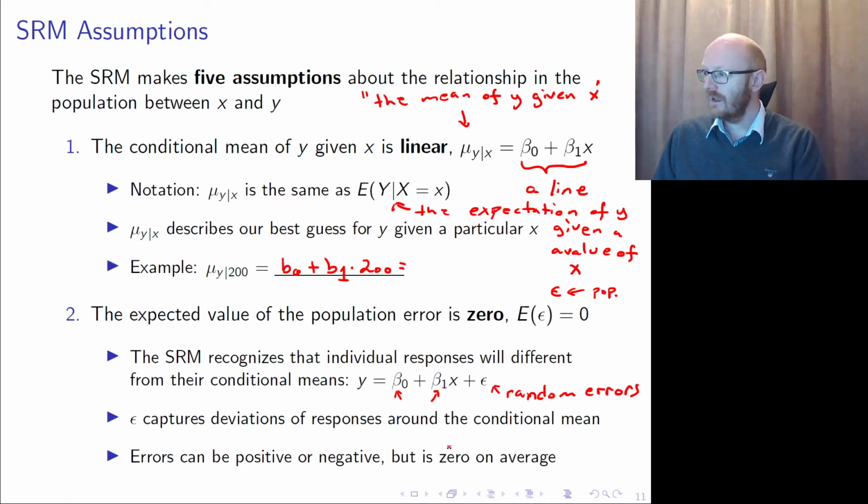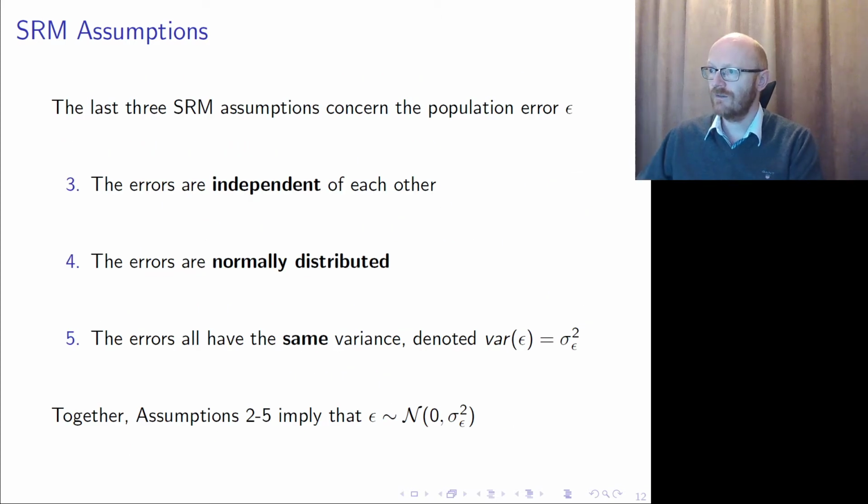The last three assumptions: the errors are independent. Okay, and what does that mean? It means that if you know one error, you can't make a rule such that you can make an expectation or a prediction of another error.